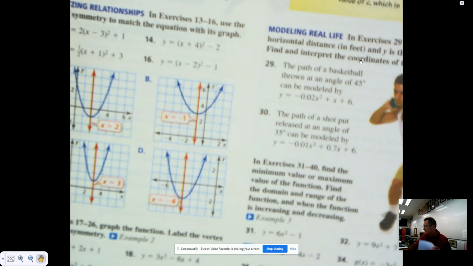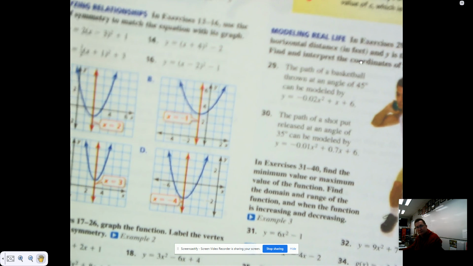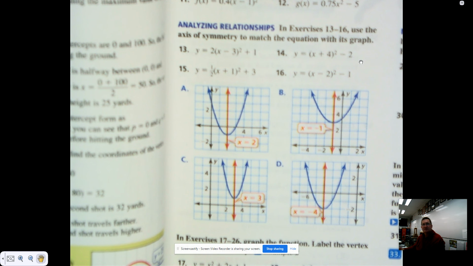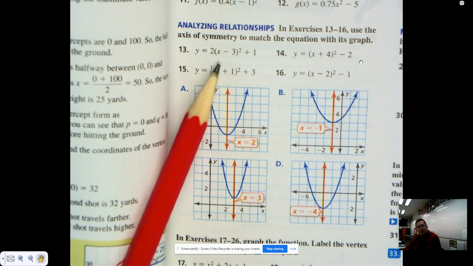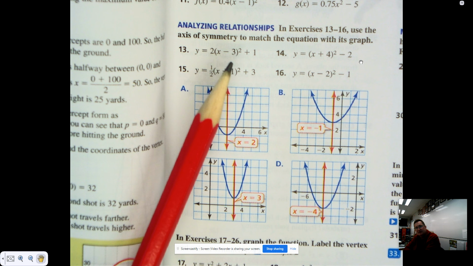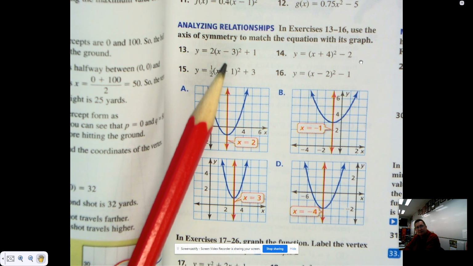Let's take a look at questions 13 through 16 real fast from your homework. In 13 through 16, it's a matching situation. It says use the axis of symmetry to match the equation with its graph. For example, on number 13, you would reason from the equation that the vertex is at 3, 1, and the parabola opens up.